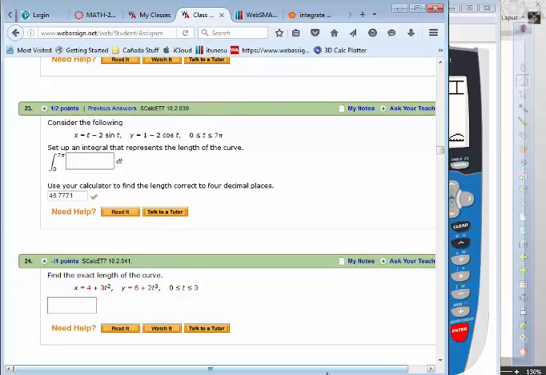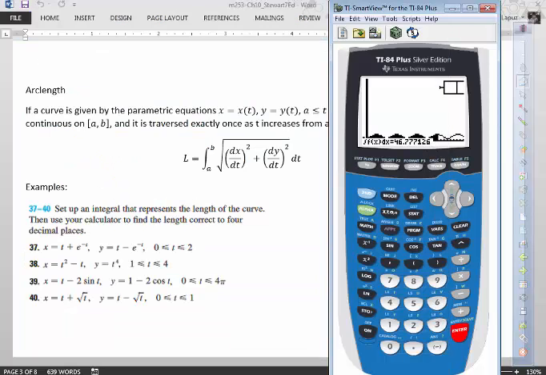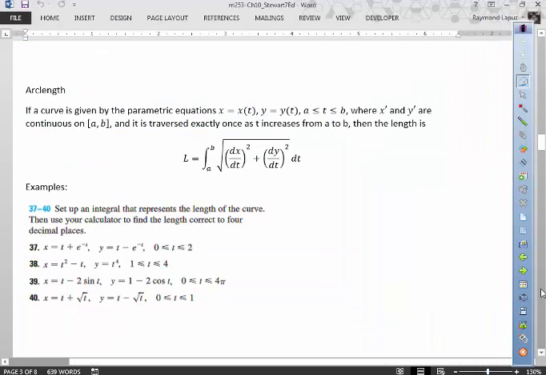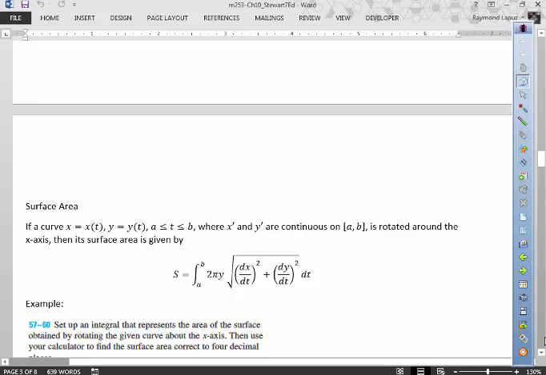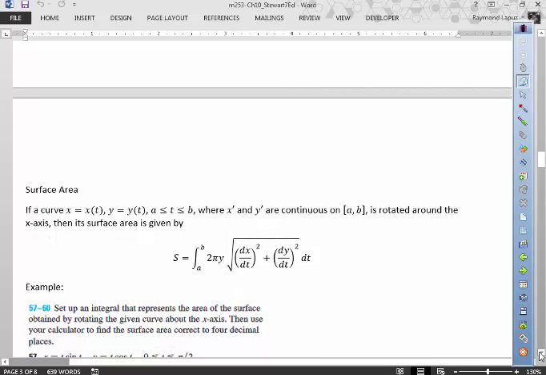All right, our last sort of Calc 1, Calc 2 topic is if you take that curve and you spin it around. We're not interested in the volume like you did most of what you did. I think the surface area became a special case of another special application of the integral in Calc 2, but this is the same sort of idea.